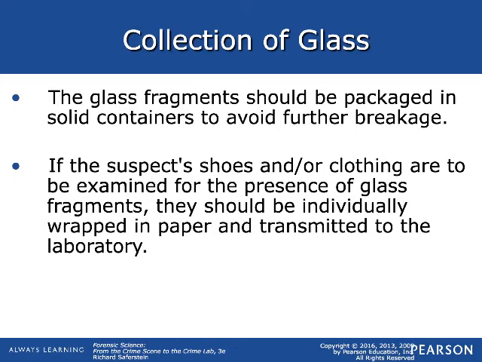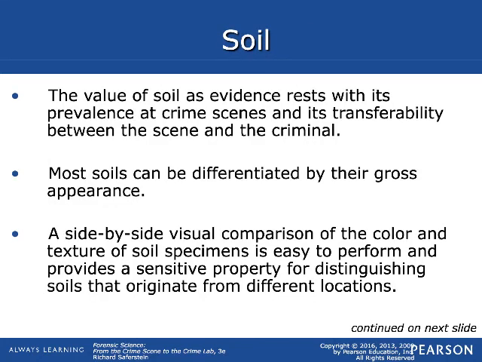The glass fragments should be packed in solid containers so that they don't break anymore. If the suspect's shoes or clothing are to be examined for the presence of glass, they should be wrapped in paper individually and taken to the lab that way.